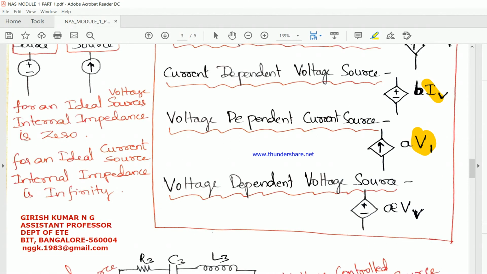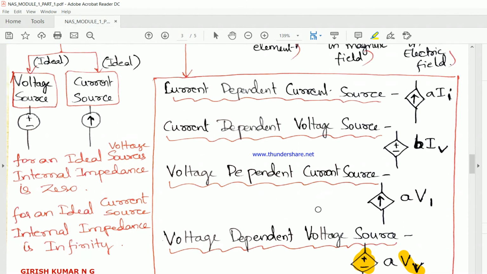And then at last you have again plus and minus, so it is a voltage source. But what is the value here? It is V, which means again it is voltage. Therefore, it is a voltage dependent voltage source. So this is how you find out the different types of sources when the symbol is mentioned in the network.